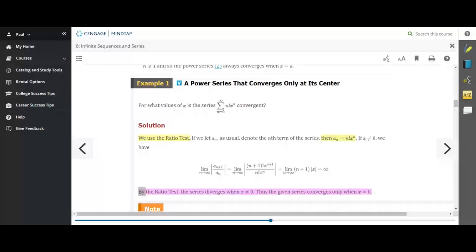In the pink banner down there, by the ratio test, the series diverges when x is not equal to 0. And the series converges only when x equals 0.